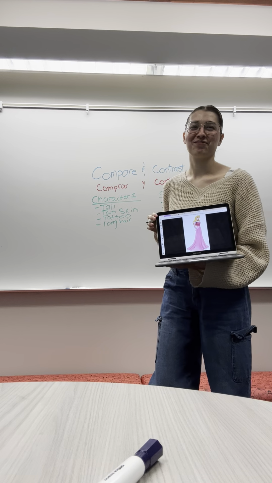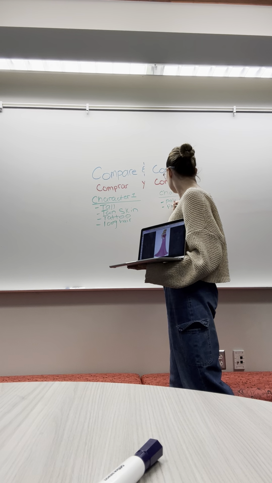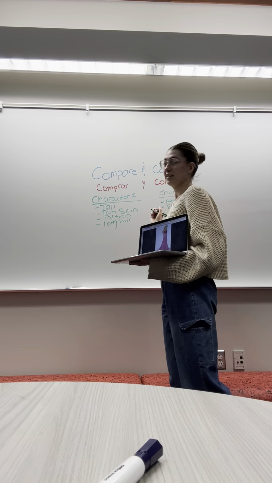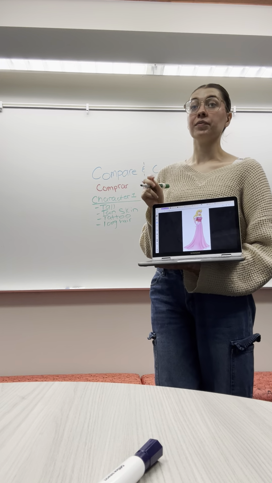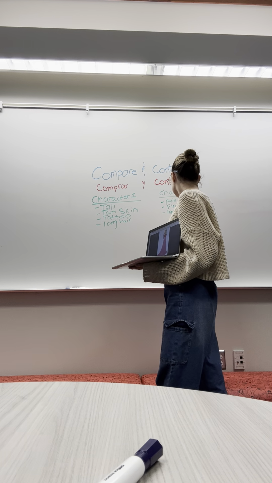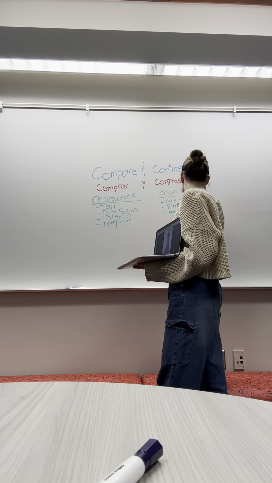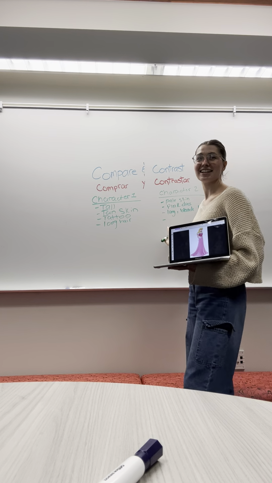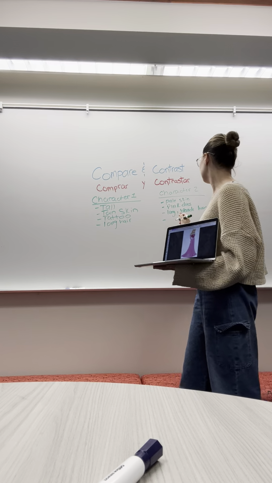Ethan? She has a pink dress. Yes, Heather. She has kind of longer blonde hair. Longer blonde hair, yes. Does anyone else have anything? Yes, Ethan. She looks really tall. She looks really tall.